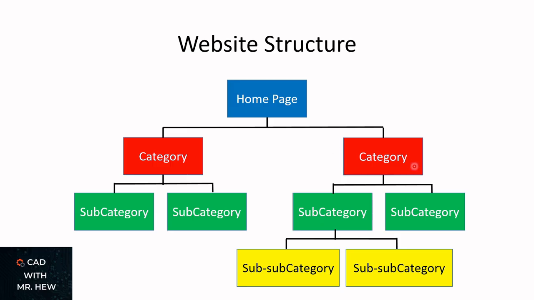And then over here, on the right-hand side, we could have, for example, trucks. And then under trucks, we could have trailers, articulated trailers. And then under this subcategory, we could have a subcategory. And here we could have an 18-wheeler truck, for example.